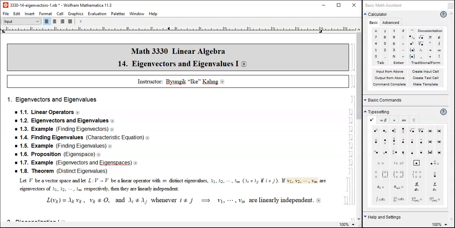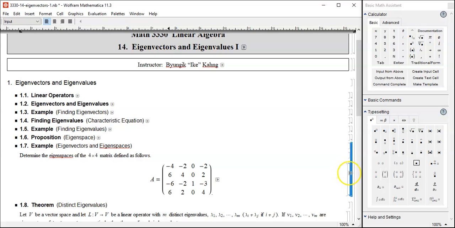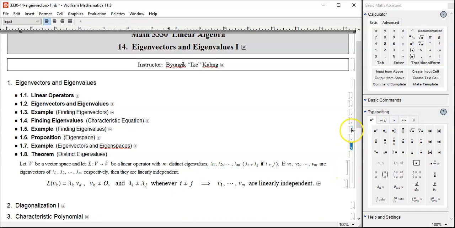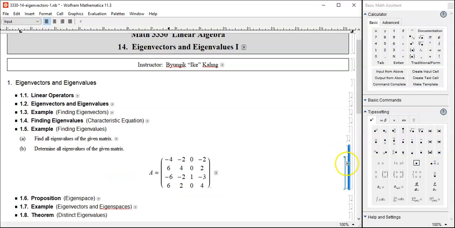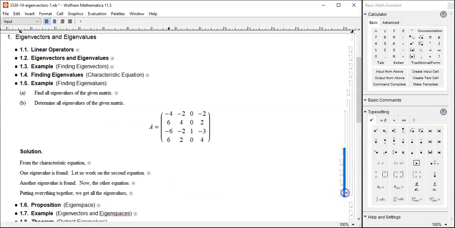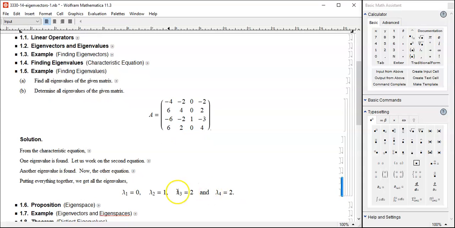What if you have duplicates? That's going to be a problem. In this case, let's go to the previous example. In this particular case, we found 2 distinct eigenvectors that are linearly independent, but not always. Sometimes things don't go as well.